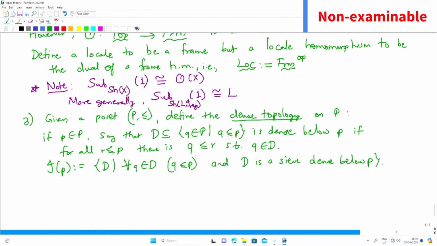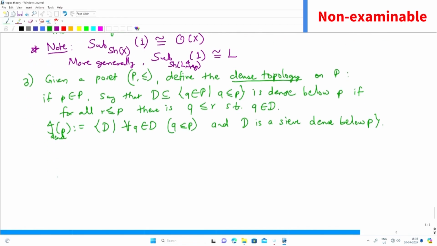With respect to that, this is J dense actually. If you want, you can write J dense. Are these like open dense sets? No, don't think about openness now. These are just the covering sets. So the sheaves with respect to this will give you J dense sheaves, which help you construct other models of Zermelo-Fraenkel set theory.